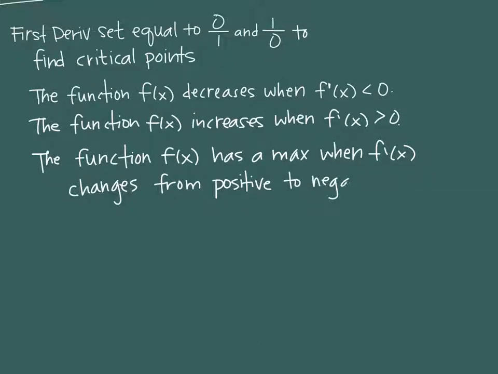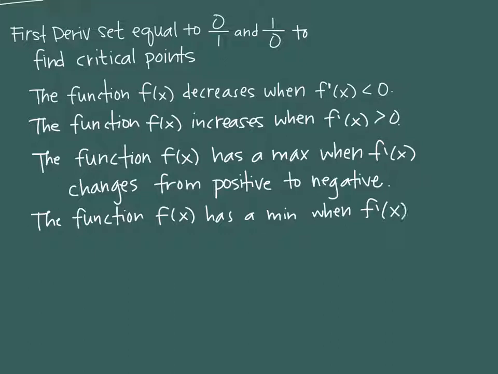So do you see how nothing is based on being equal to 0. The converse about a minimum: the function f of x has a min when f prime of x changes the opposite way.